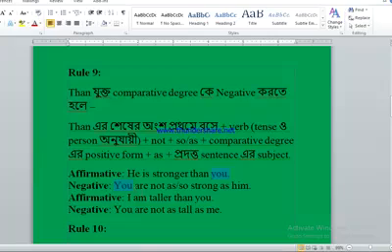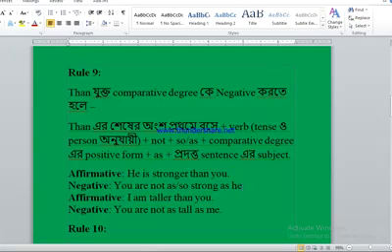Then you will use the verb "are" plus "not", then "as" or "so" plus the positive of the comparative degree, "strong", plus "as", then the subject of the affirmative sentence, that means "he".